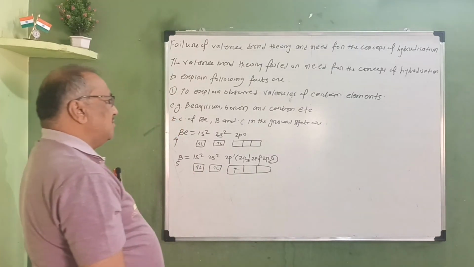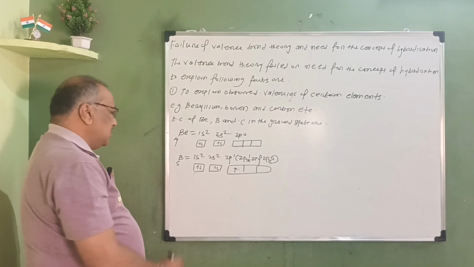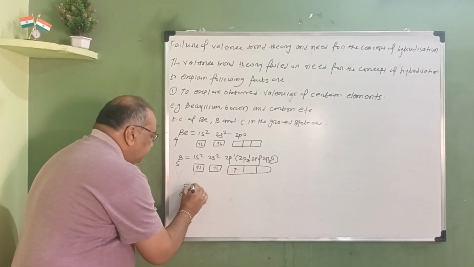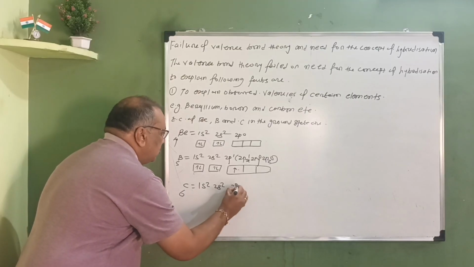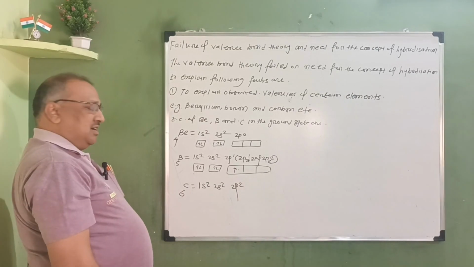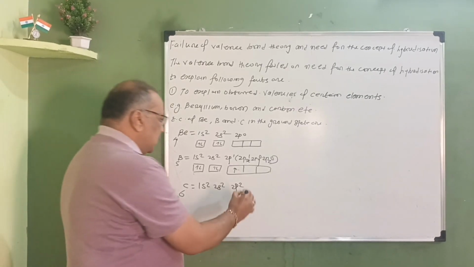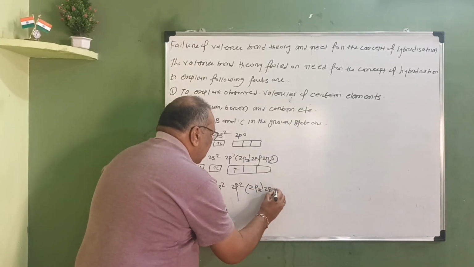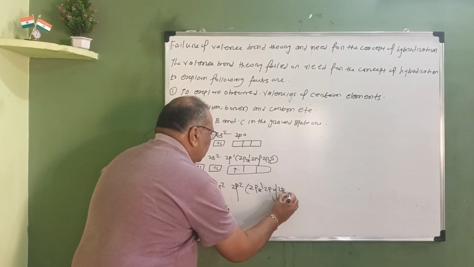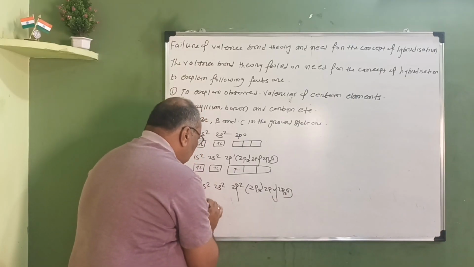In a similar manner, write down the electronic configuration of carbon: 1s2 2s2 2p2. Again apply your Hund's rule. That means 2px1, 2py1 and 2pz0.